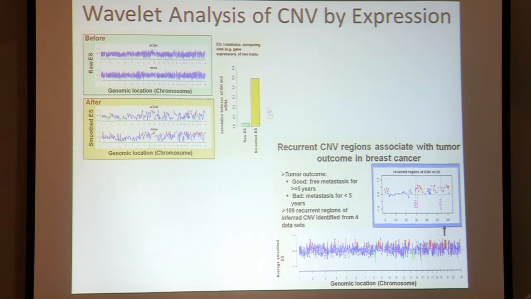Lin found that this kind of expression-based CNV regions correspond very well to the CNV data. So eventually, we identified 100 or so recurrent regions of breast cancer from 4 different studies.